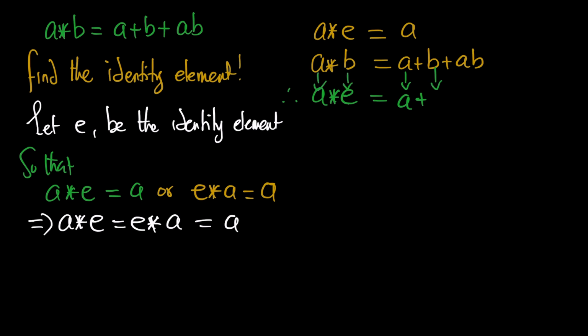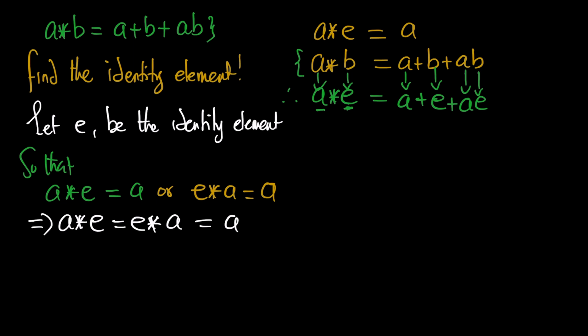Can you see that? We put it there, plus A, and the identity element is taking the position of the B. We are using this because that's what we're given. Don't forget that.